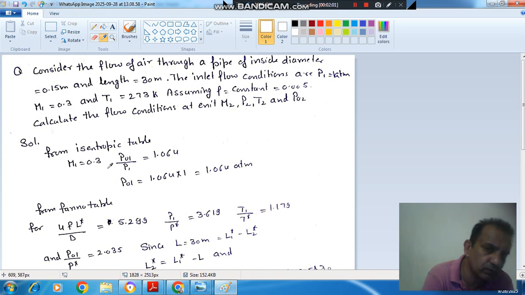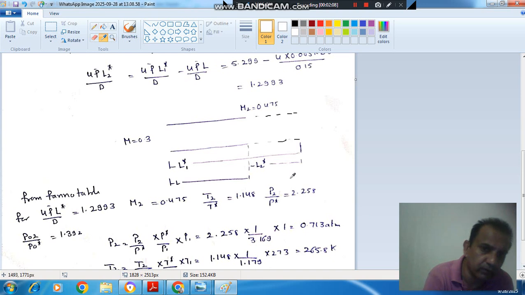Now we'll use the Fanno table. In Fanno flow, when we use the Fanno table and the initial Mach number is 0.3, this length is L1 star, the length required to achieve Mach number 1, and from the table we get the data in terms of this length.